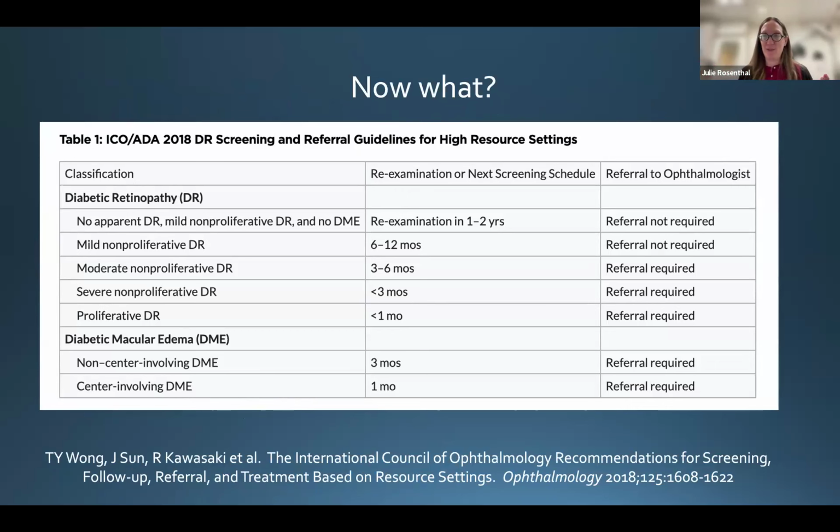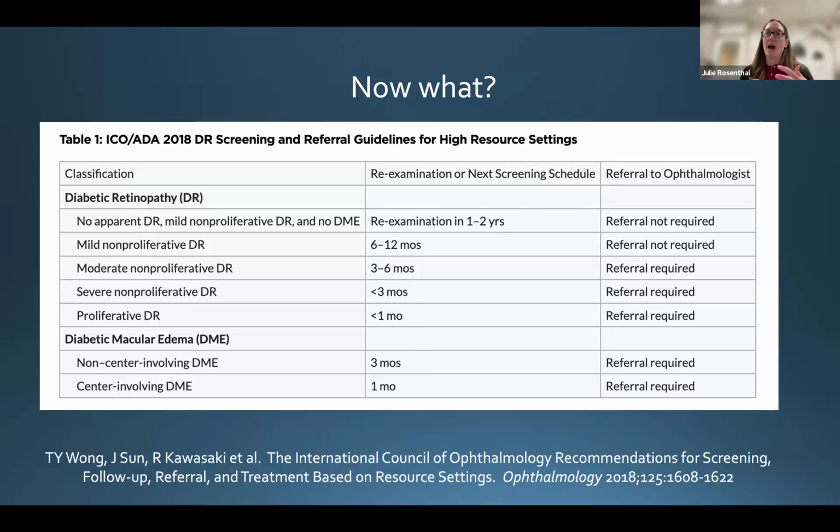So you get the results of your screening, and what do you do with it? What does it mean when the machine or the grader spits back that answer? Very easy. Patients with mild or no diabetic retinopathy, just get them screened again in a year or two.